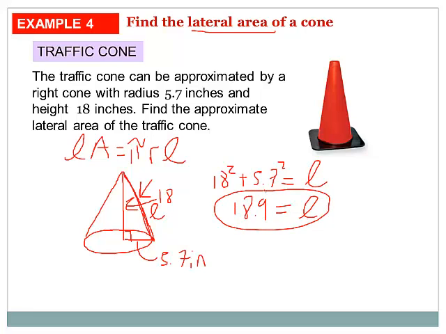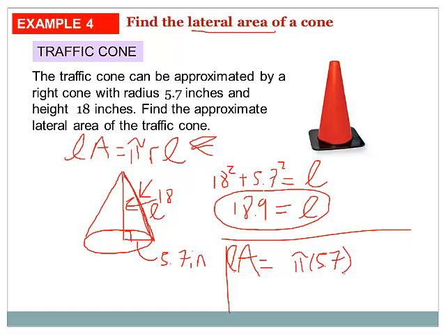And then you can just plug it into your formula here to find out what the lateral area is. So I'm going to do that. Lateral area equals pi times 5.7, which is my radius, times the slant height or lateral height, which is 18.9.